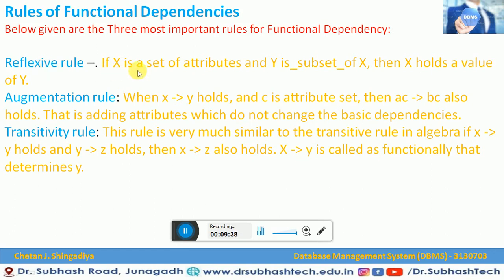So this is how the proof of the union rule is available. With the help of this proof, we can write down that if X determines Y and X determines Z, then X determines YZ. That is the union rule for functional dependency. So this is a simple understanding of the union rule in functional dependency.